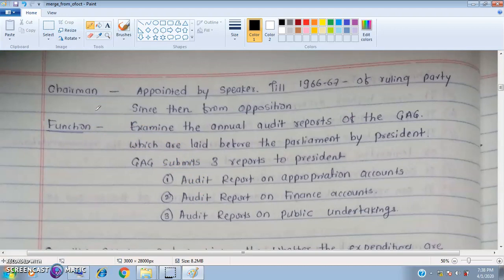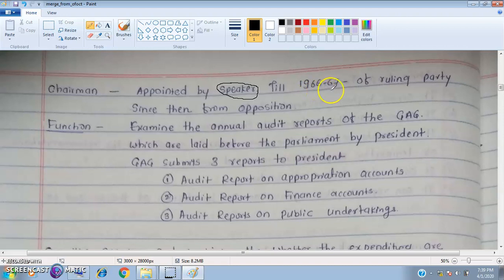The next important thing regarding this committee is its chairman. The committee is elected every year by both the houses, but its chairman is appointed by the Speaker of Lok Sabha. We have seen this committee consists of members from both Lok Sabha and Rajya Sabha, but while appointing its chairman, the power lies with the Lok Sabha Speaker.